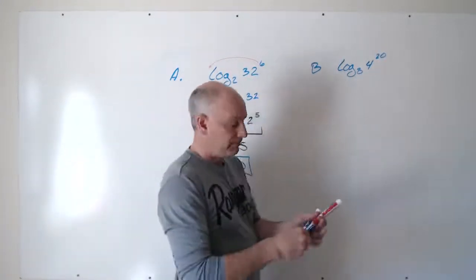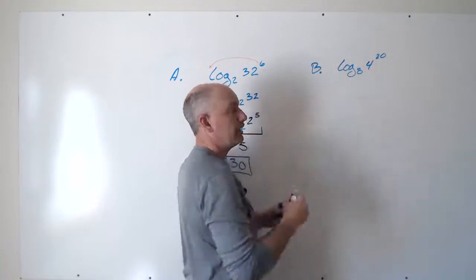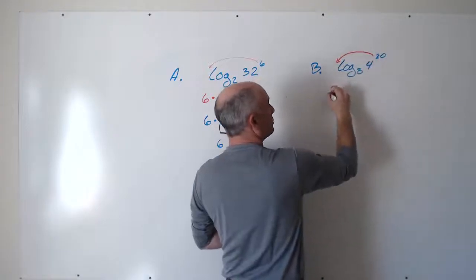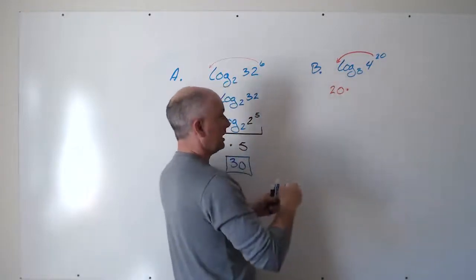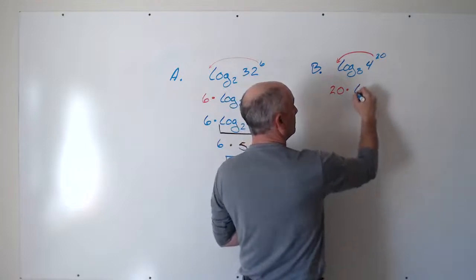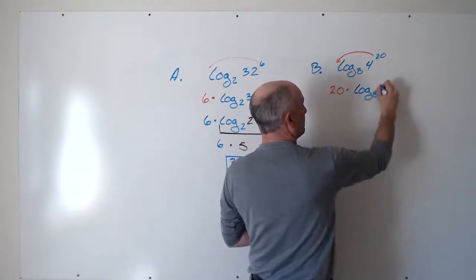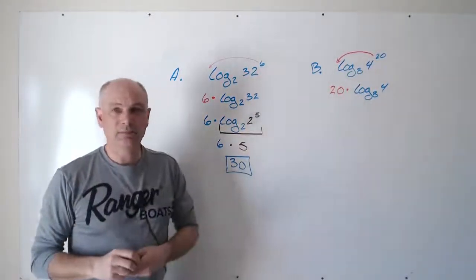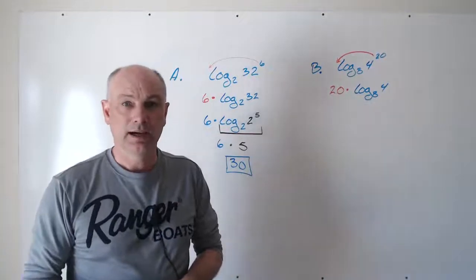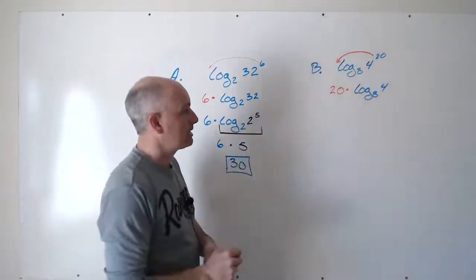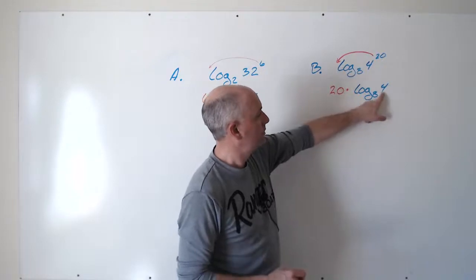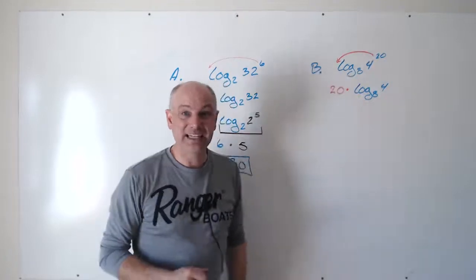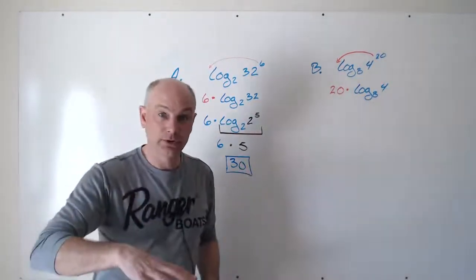In part B, first move again, we're going to move that 20 down front as a multiplier, so we can say 20 times the log base 8 of 4. Now, when I take a look at log base 8 of 4, I'm going to run into a problem here because I can't rewrite 4 as base 8. And I can't really rewrite 8 as anything else unless I convert a form.